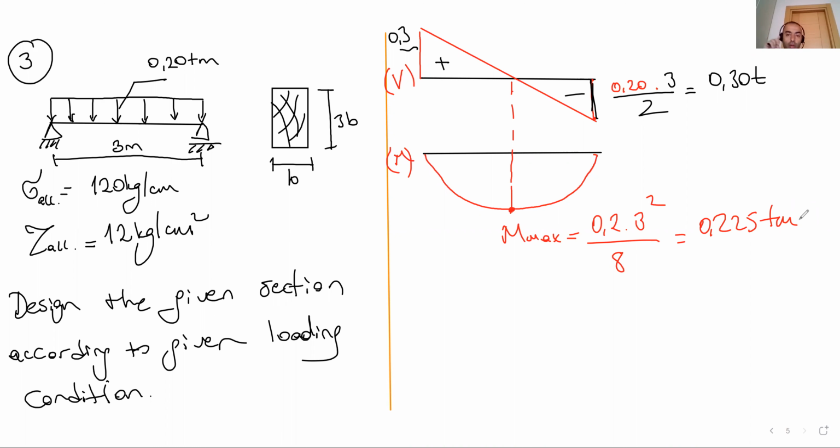Okay, so how are we going to design this section? We will design the section according to the moment. We will decide the dimensions. After that, we will check this section for the shear force.